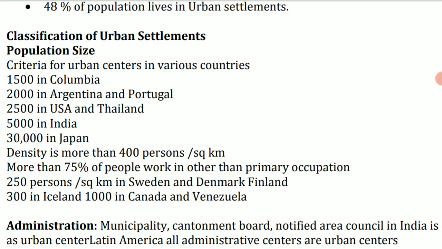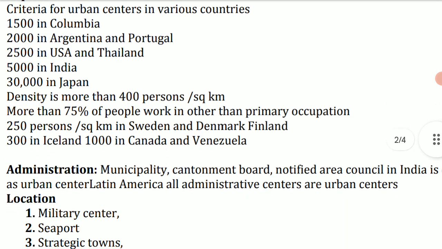And the density is more than 400 per square kilometer. More than 75% of people work in other than primary occupation, 50 per square kilometer in Sweden, Denmark, Finland, 300 in Iceland and 100,000 in Canada and Venezuela.